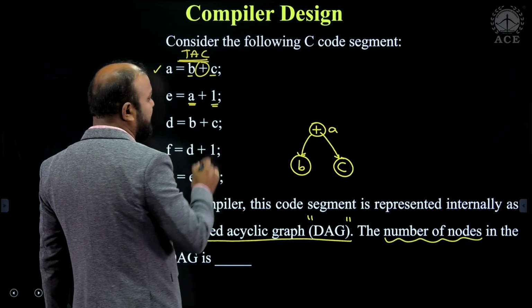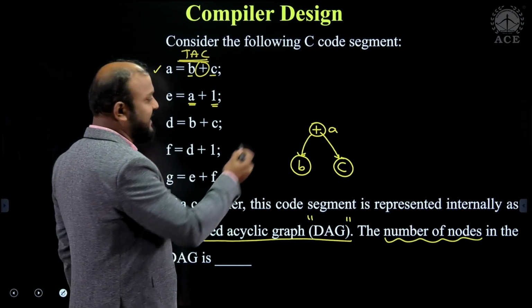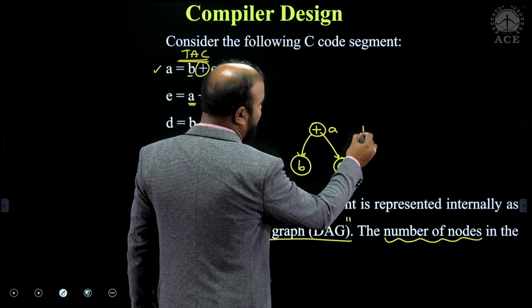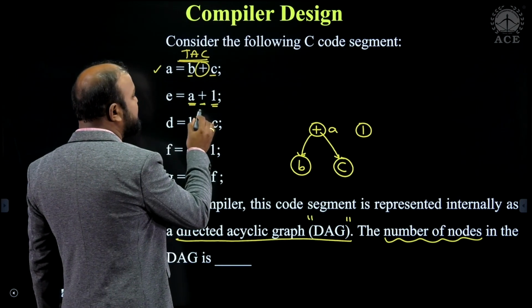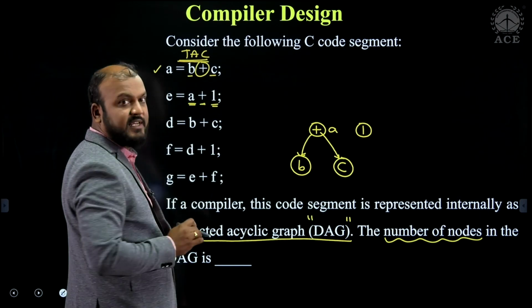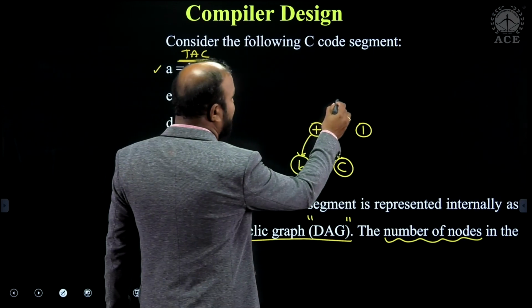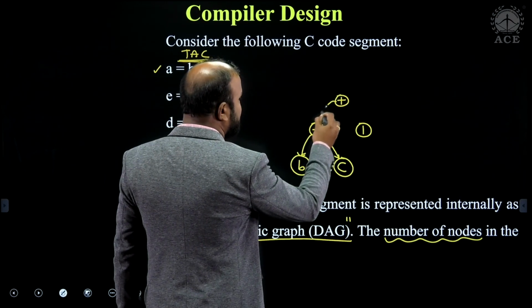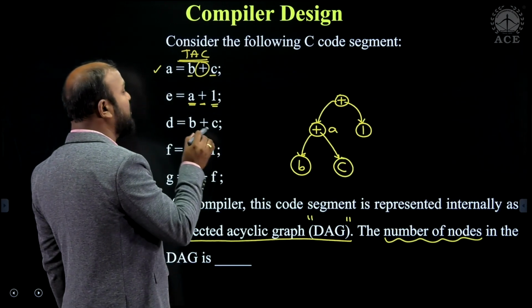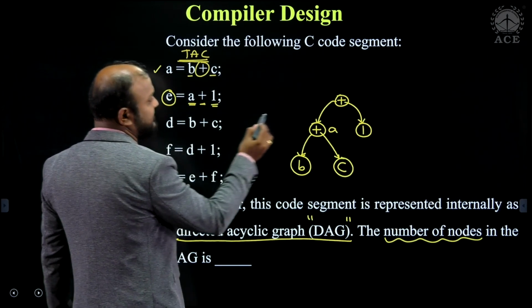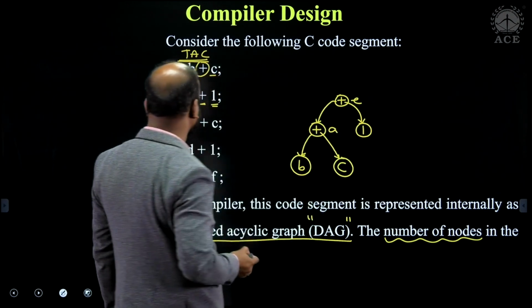Create a node for 1 if it is not already there. 1 is not there, so we have to create one node for 1. Now create a node plus whose 2 adjacent nodes are A and 1 and name the node with the result E.